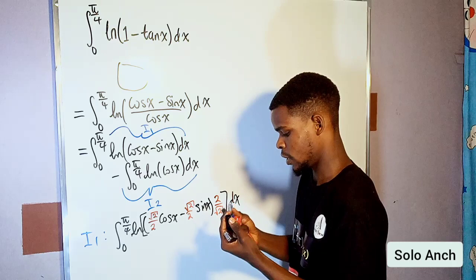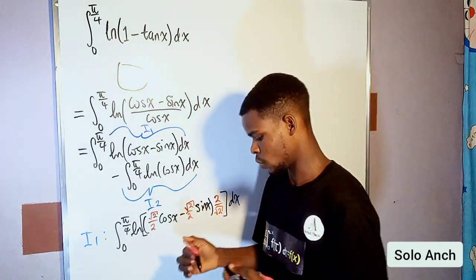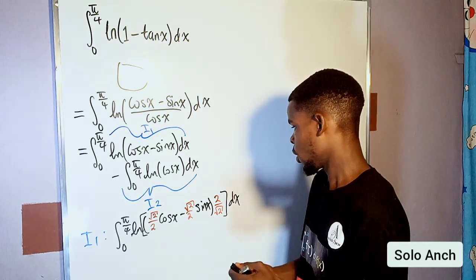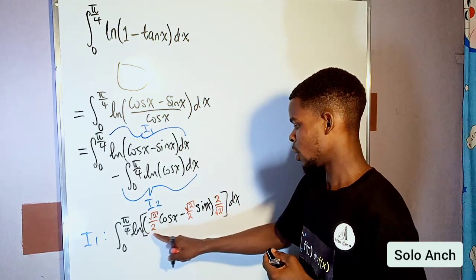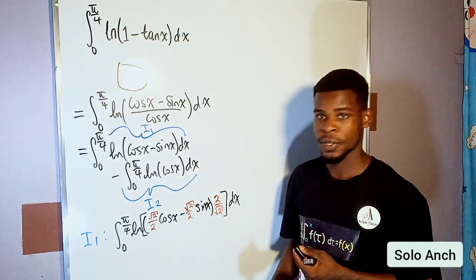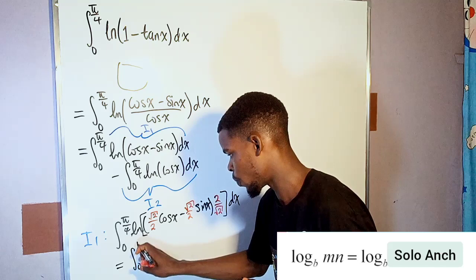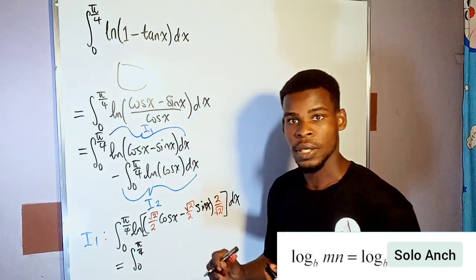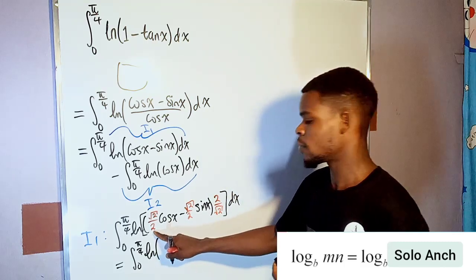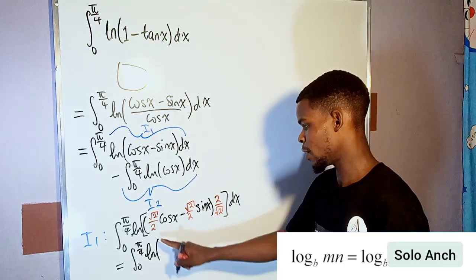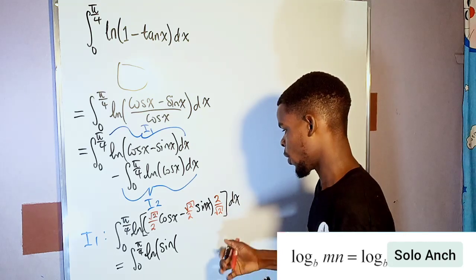Okay, great. So let's see. Good. Okay, so doing that, let's see what this will leave us with. Well, I can still use the logarithmic property that the logarithm of a product is the sum of the logarithms. And this will give us the integral from 0 to pi over 4 of the natural logarithm of, so you notice from what we just explained that this right here is sine of pi over 4 minus x.